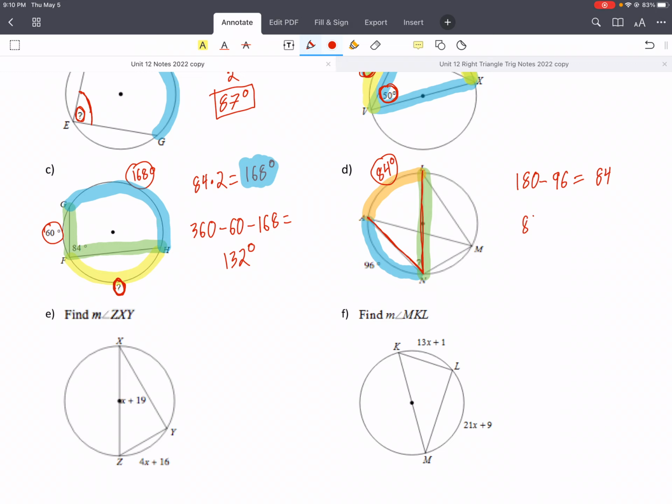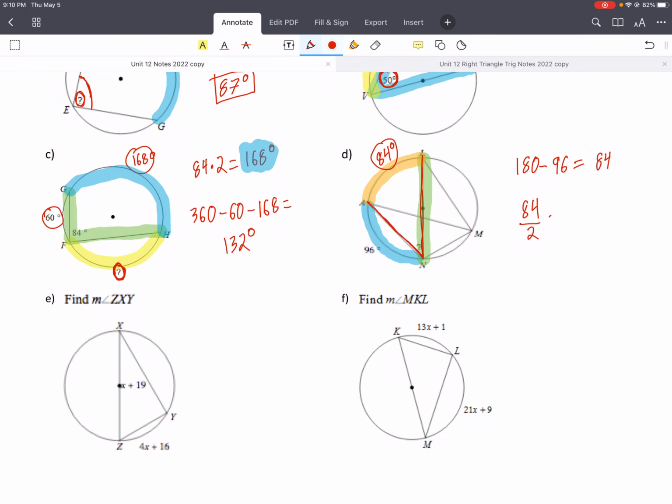So we can take 84, divide it by 2, and that gives us 42 degrees. So our missing angle is 42 degrees.